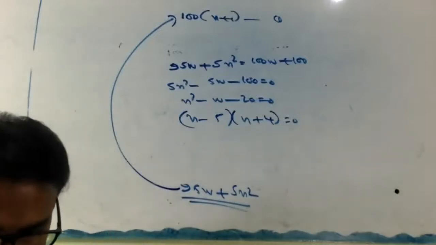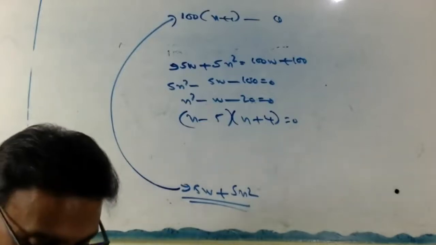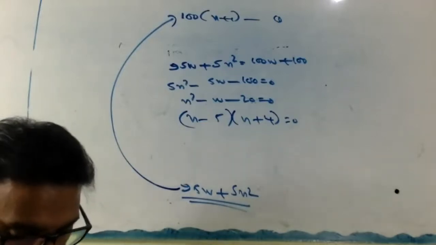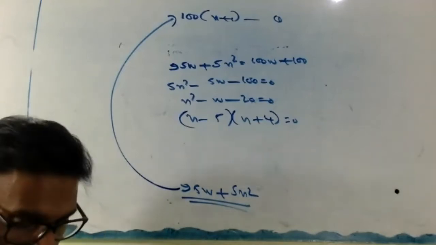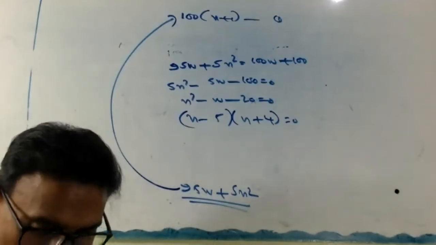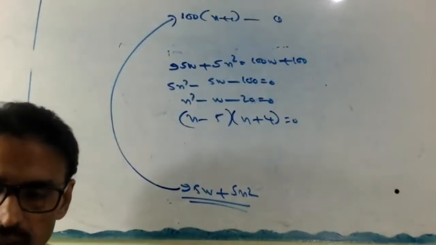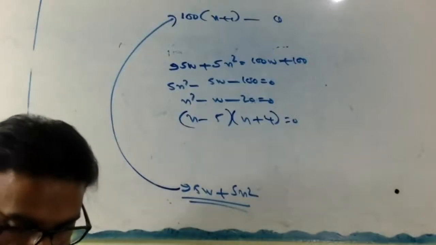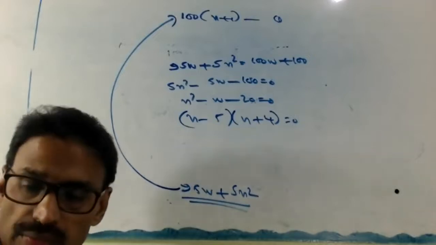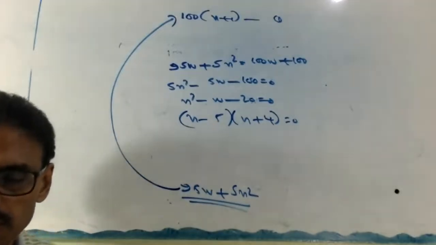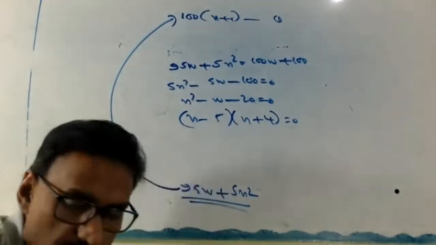Question: will she be able to send her daughter to school next year? Because she has to pay the fees. Okay, try now. You check it and decide whether she can send or not.